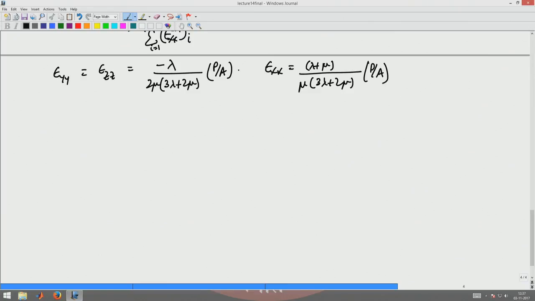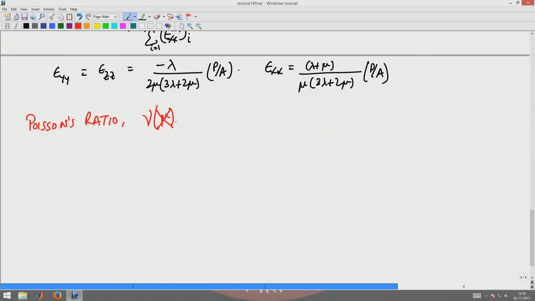Okay. Now, I define the second parameter that I want to find from the uniaxial experiment, that is called the Poisson's ratio, which we will denote by the symbol nu. Some use the symbol mu also for this, okay, but this we have already used for Lamé constant.